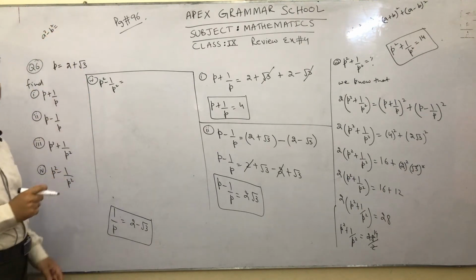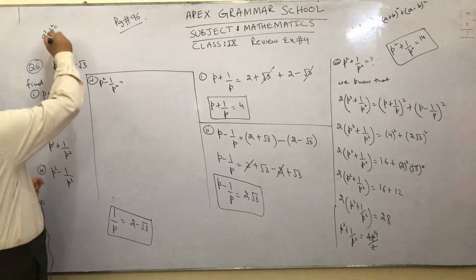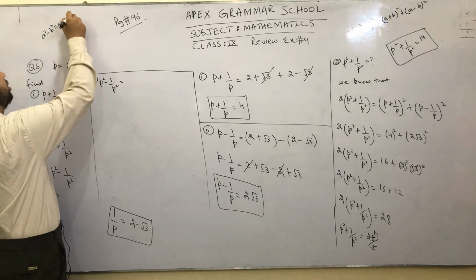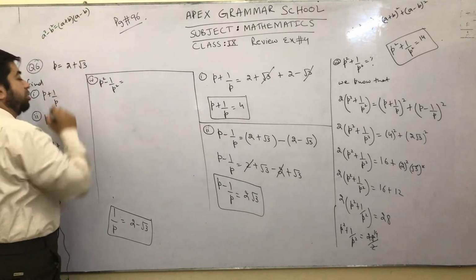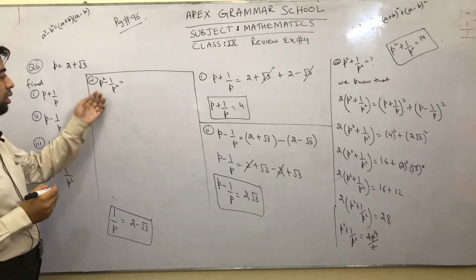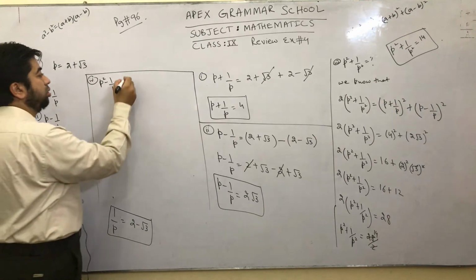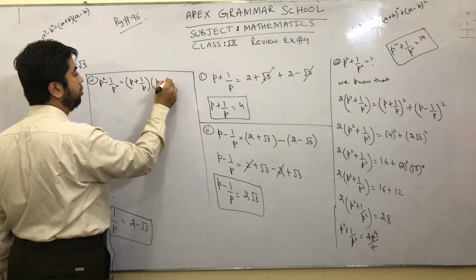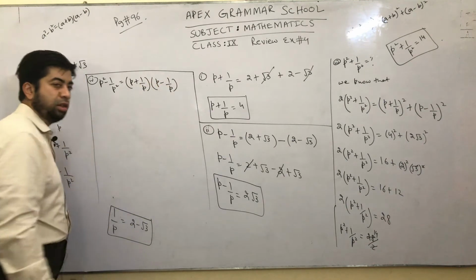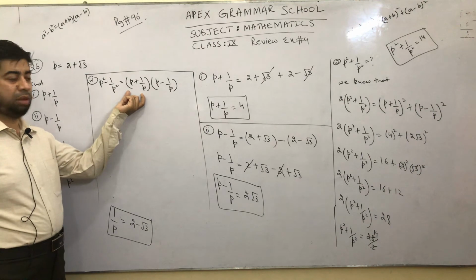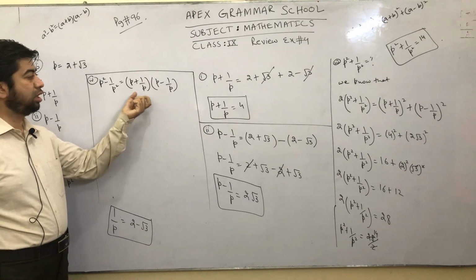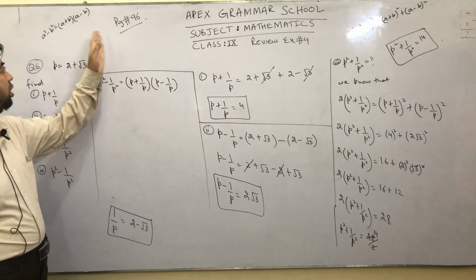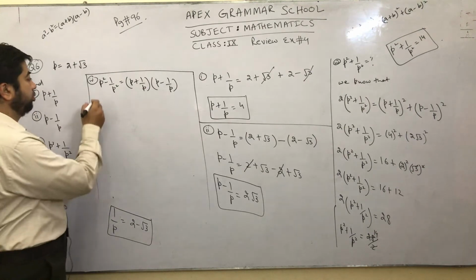So what is a square minus b square? That is a plus b into a minus b. So you can write it now, p plus 1 over p and then p minus 1 over p. So this is of the type a plus b and a minus b, that is a square minus b square, just like that.